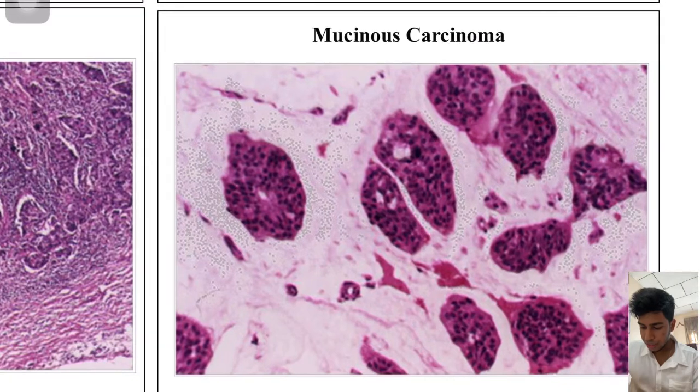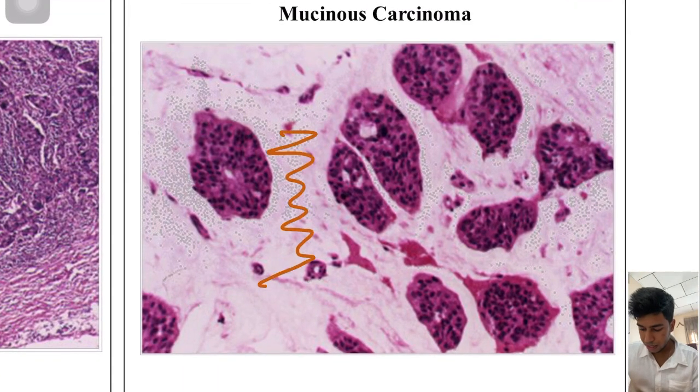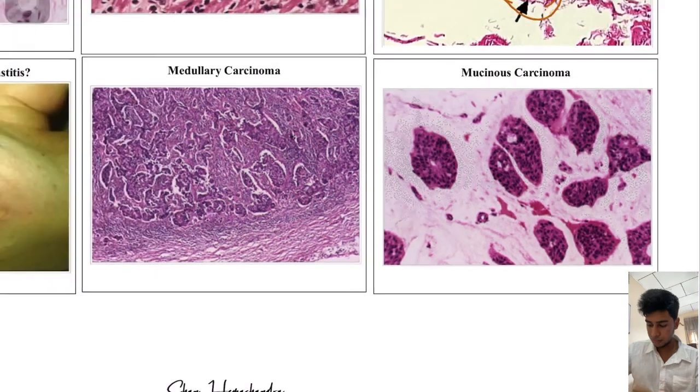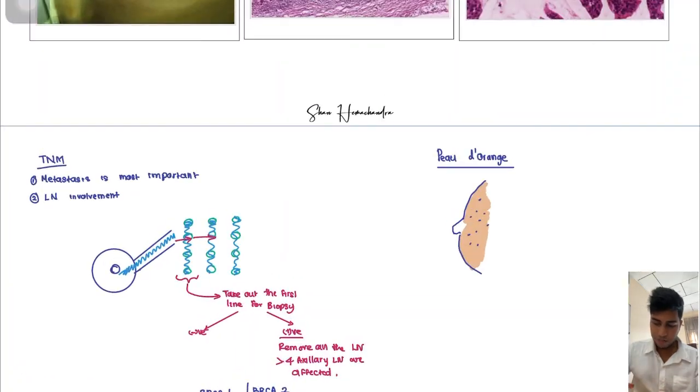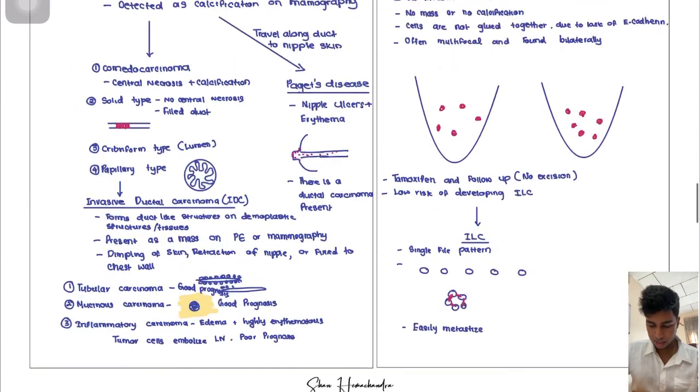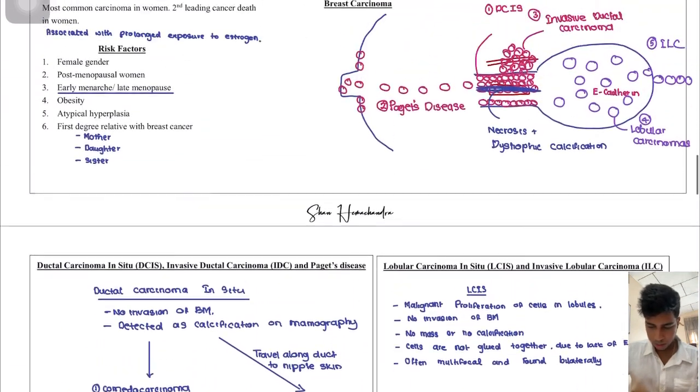This is a mucinous carcinoma. You can see the mucin. There's no cells here. It's just mucus, and you can see the carcinoma nest. Okay, so that's it for breast cancers. Hope you understood this.